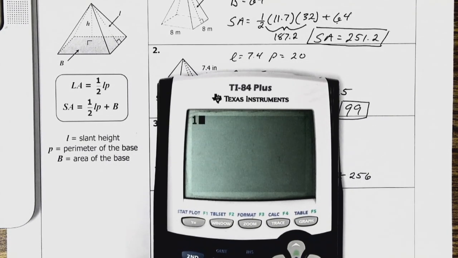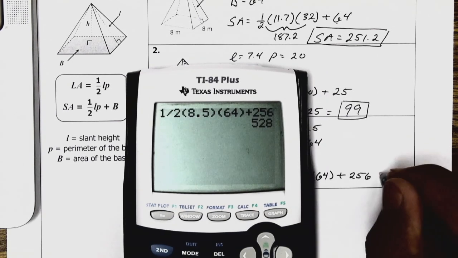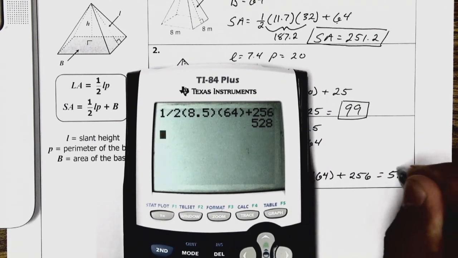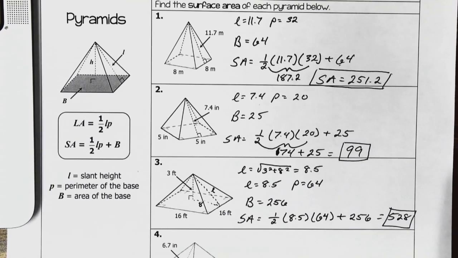So 1/2 times 8.5 times 64 plus 256. I'm going to do it all at one time, which is 528. There you go.